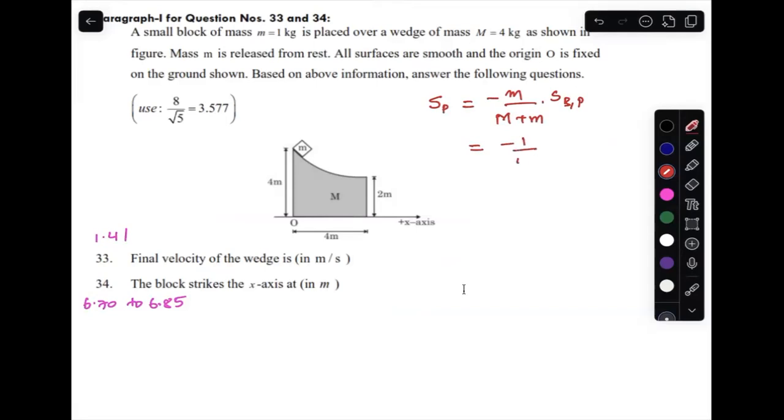Minus 1 by 5 times displacement 4. You can see this is minus 4 by 5, which is 0.8 meter.